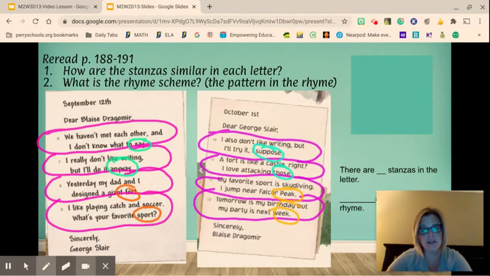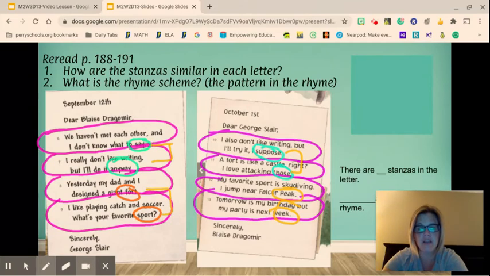So when I look at what I've circled, what I've identified as something that are similar, I can see that both poems have 4 stanzas, and I can see that they have 2 sets of rhyming words. So they both have these rhyming words right here, and then they have another set of rhyming words right here.